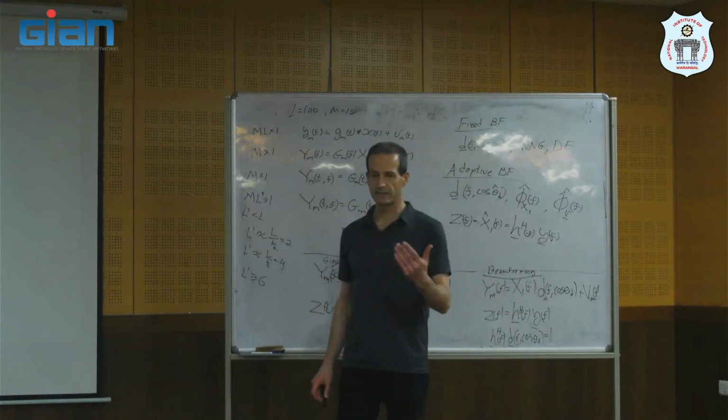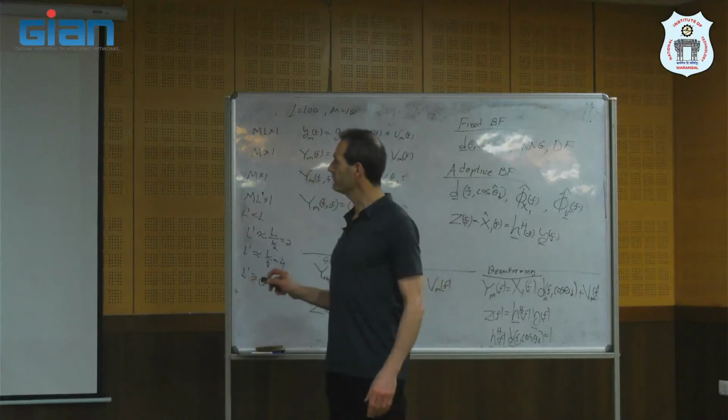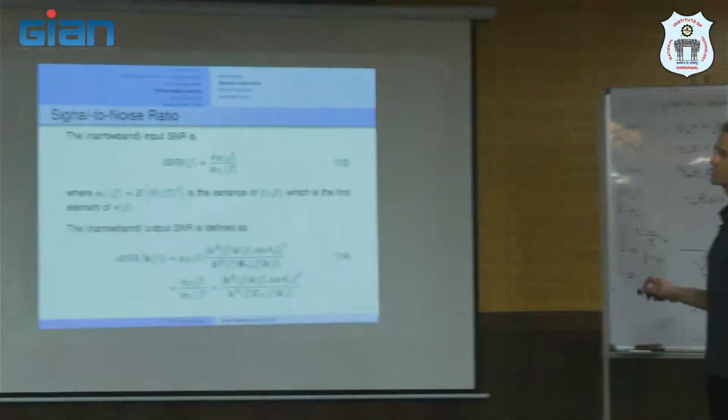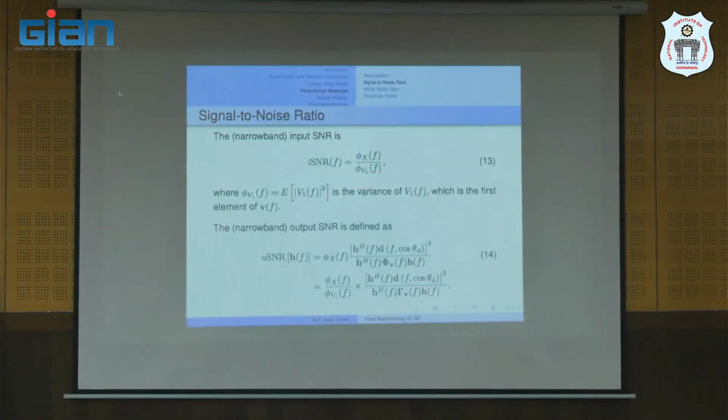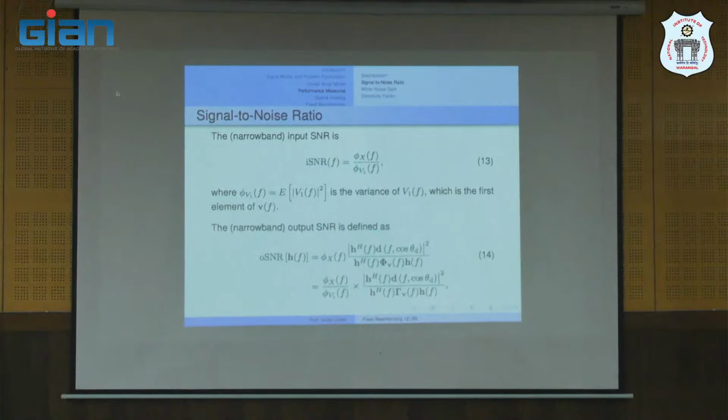For the gain in SNR, we give two different definitions, because the gain in SNR depends on the noise environment. If we don't know the noise environment, how can we define gain in SNR? We don't know the signal, we don't know the environment.